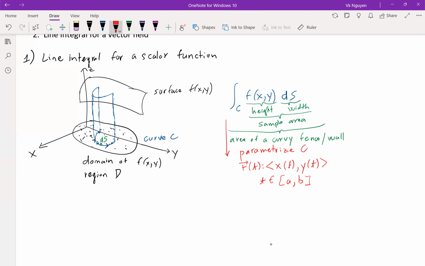If we parameterize it, then this integral is going to become the integral from a to b. It's now a closed interval, which we already learned how to do. f(x,y) is going to be f(x(t), y(t)).